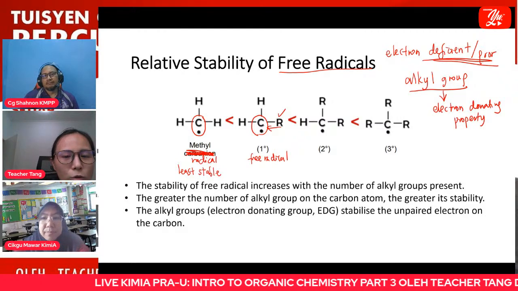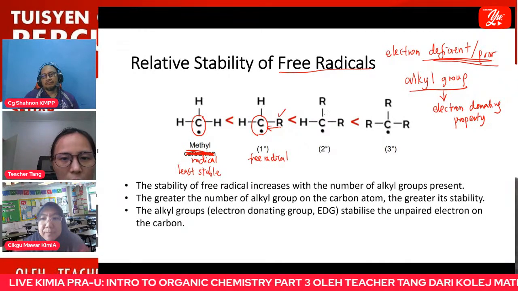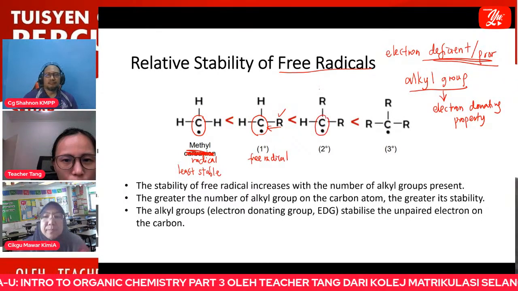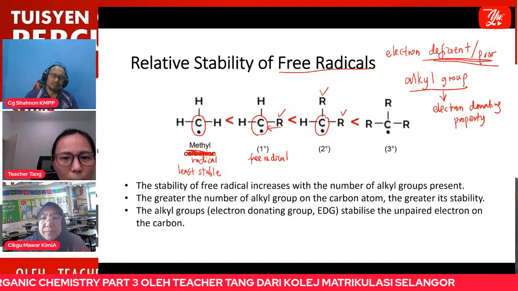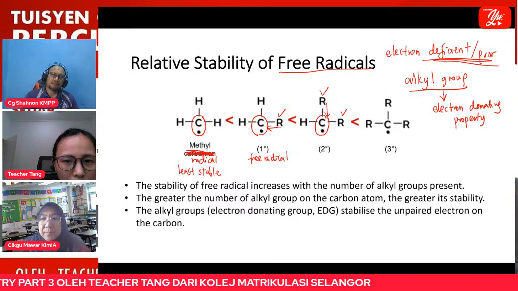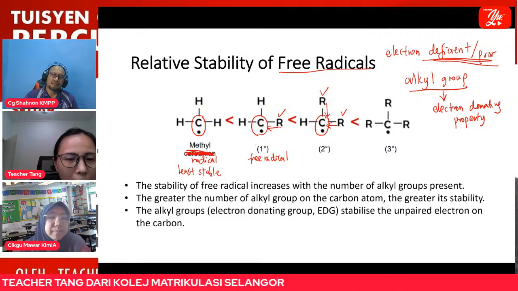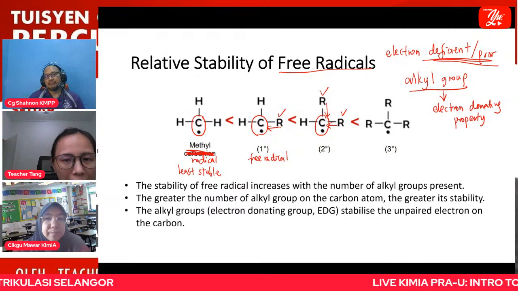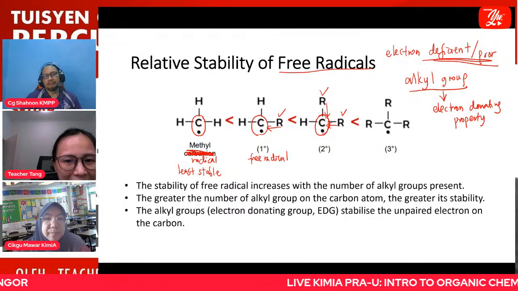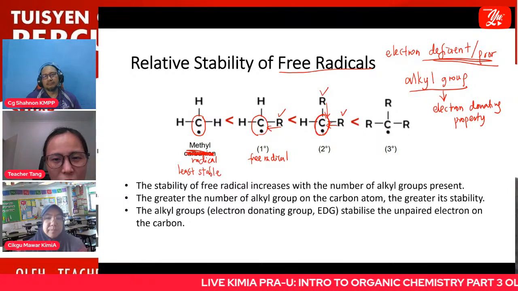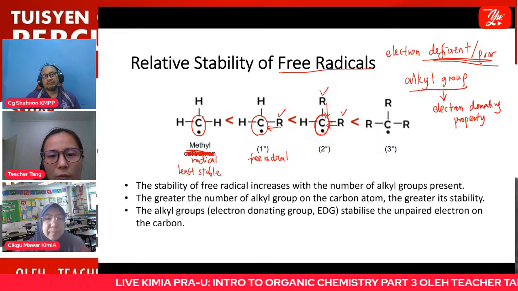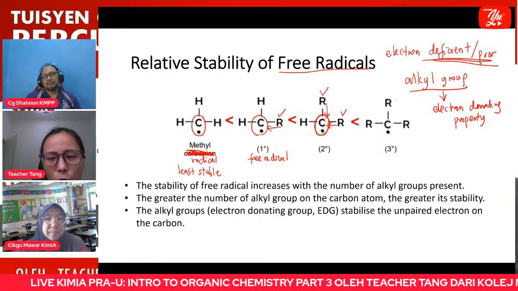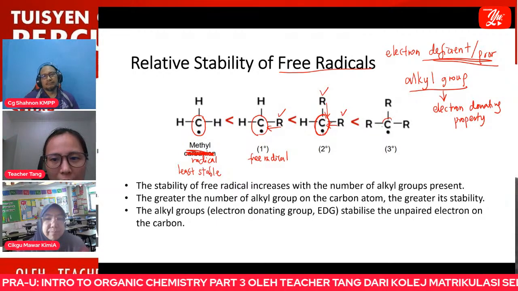Then we move on to the secondary free radical. This free radical has 2 alkyl groups, so it will be more stable compared to the primary free radical, because 2 alkyl groups stabilize the carbon with the unpaired electron. Then we move on to the tertiary free radical.